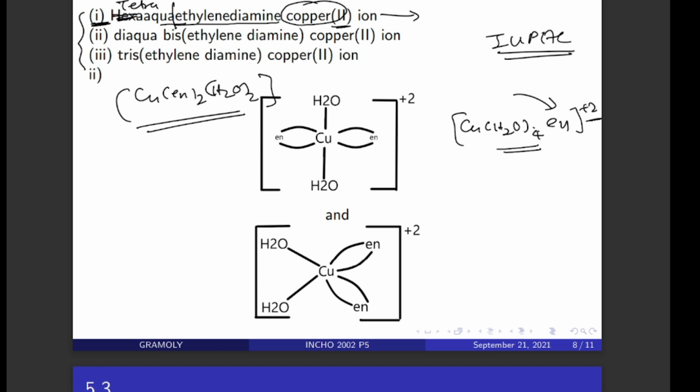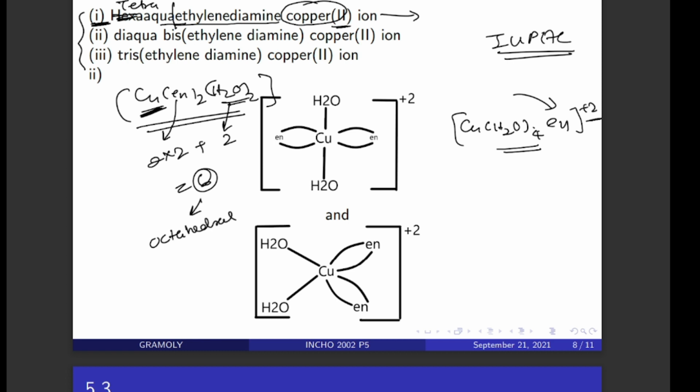As you can see, en is a symmetrical bidentate ligand, and water is a unidentate ligand, and 2 of them are there. So 2 into 2 plus 2 is equal to 6. The coordination number of the central metal atom is 6, and this corresponds to an octahedral geometry.